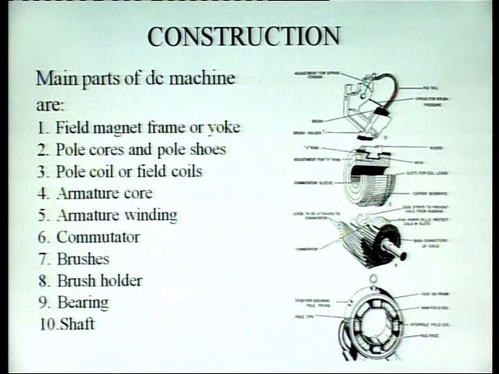So, these are the main parts of the DC machine: yoke, pole core, pole shoes, this is the armature winding, this is the rotor, commutator and brush holder, and this black part is the brushes. This is the shaft.